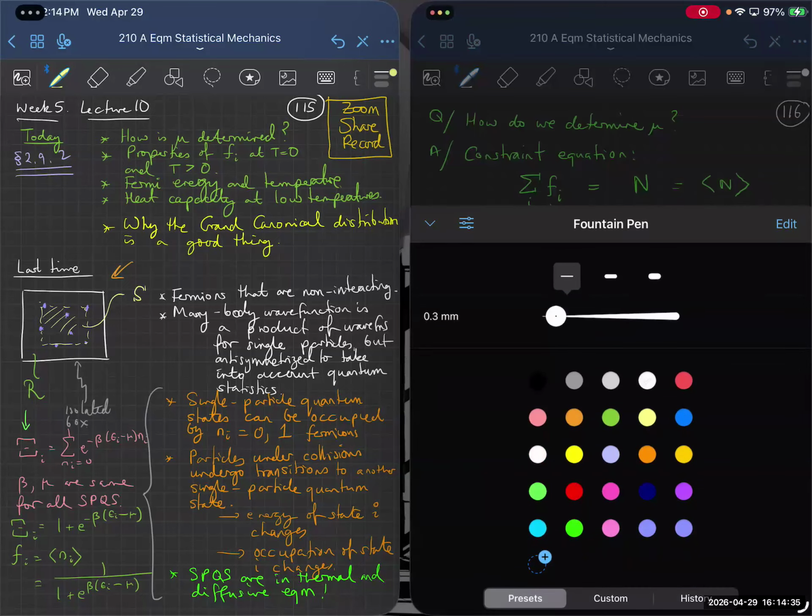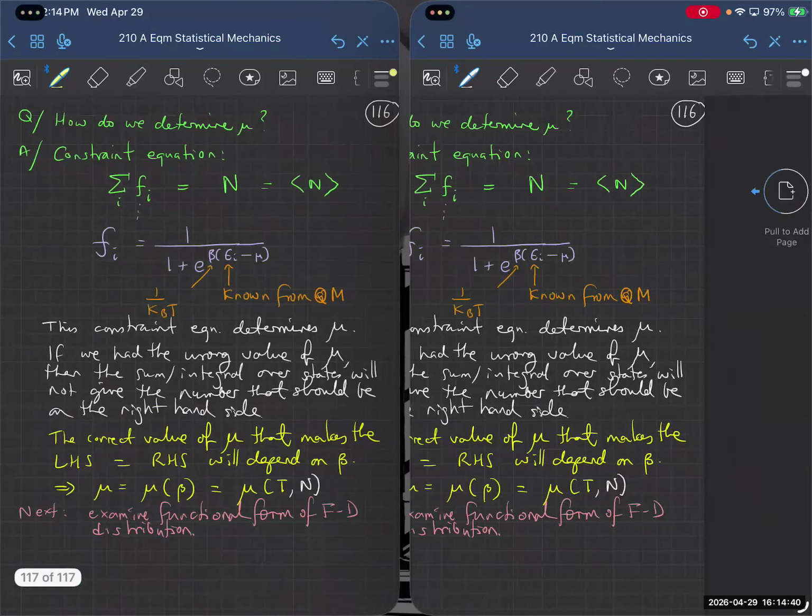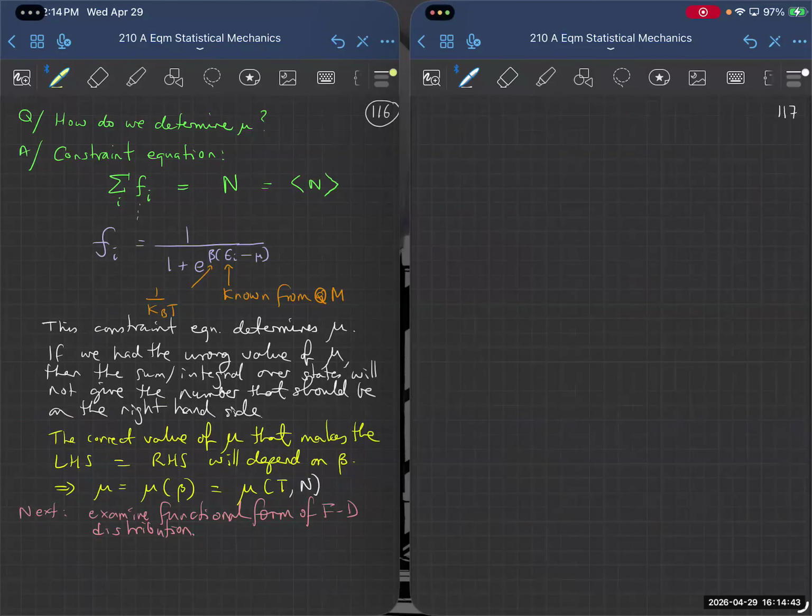Okay. All right, so let's have a look then at what the functional form is of f as a function of energy. Let's first of all look at the case when we're at 0 temperature. Here I'm drawing epsilon, and here I'm drawing f. Imagine that the temperature is 0. So this factor beta is 1 over basically infinity.